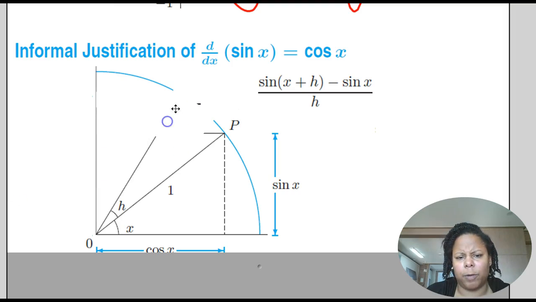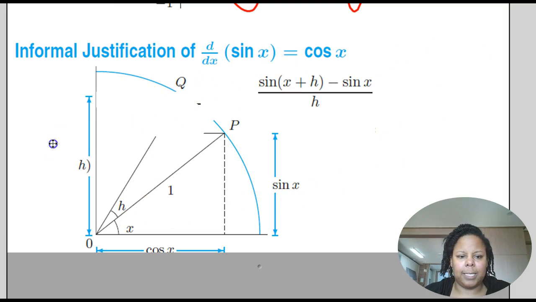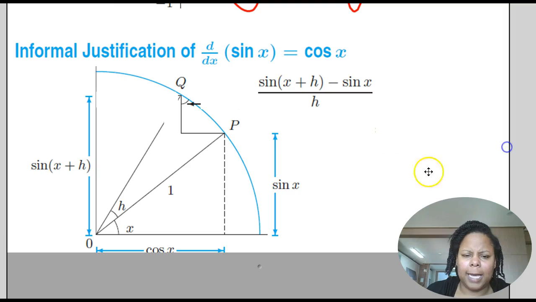Okay, we're going to call this point Q. So the height of Q is essentially the sine of x plus h. All right, so now we have something that looks like this, and we're going to call this point A.